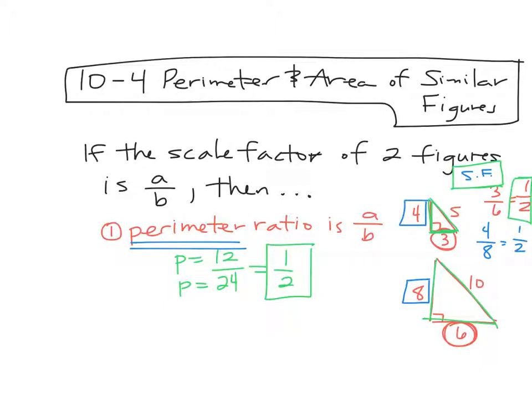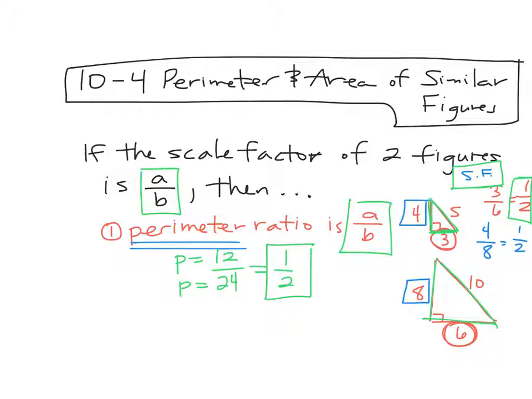So basically what they're saying is don't find the perimeter. Don't take the time to add up all your numbers. Just take two sides and compare them, which is your scale factor. Your scale factor will always be your perimeter ratio. So if the scale factor is A over B, the perimeter ratio is A over B. Okay? So don't worry about adding up a bunch of numbers, and I'll show you in a minute what I mean by that.